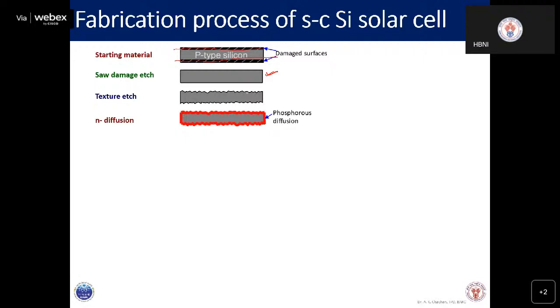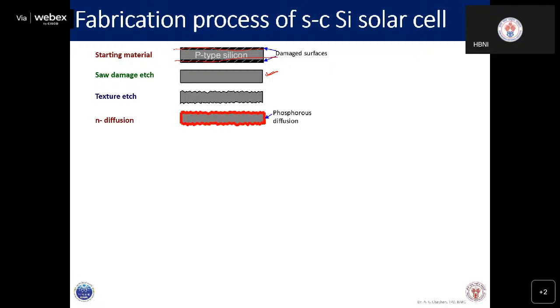Then after the surface is textured, comes phosphorus diffusion. It is placed inside a rich source of phosphorus, and a thin layer of phosphorus is diffused into the top layer.